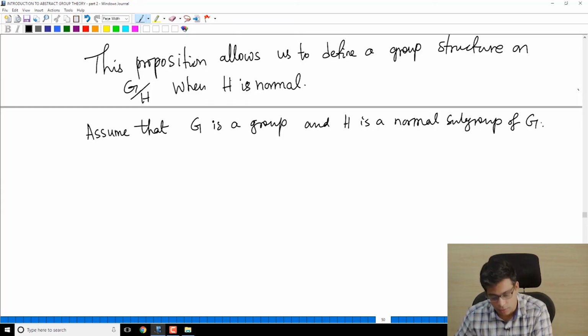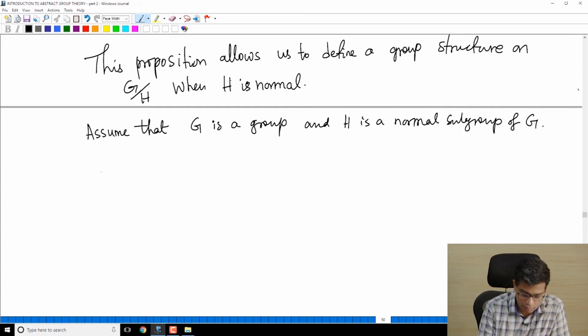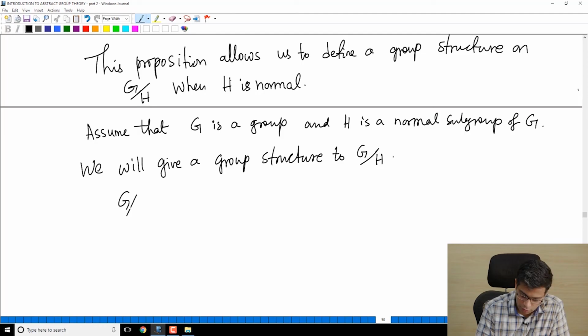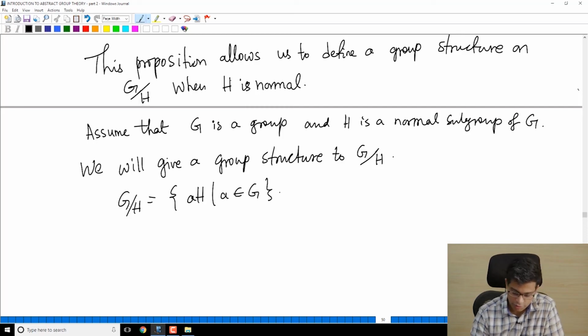I'm going to assume that always I'm dealing with a normal subgroup of a group G. Then we will give a group structure to G mod H. First of all, recall what is G mod H. This is the set of left cosets aH as you vary a in G.